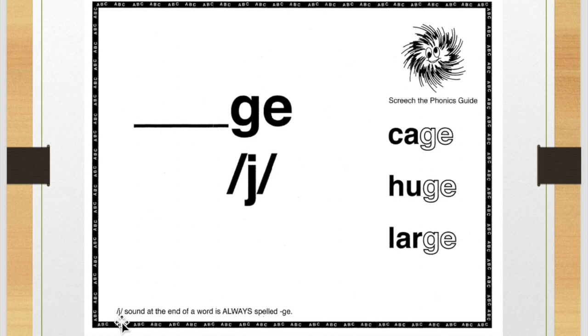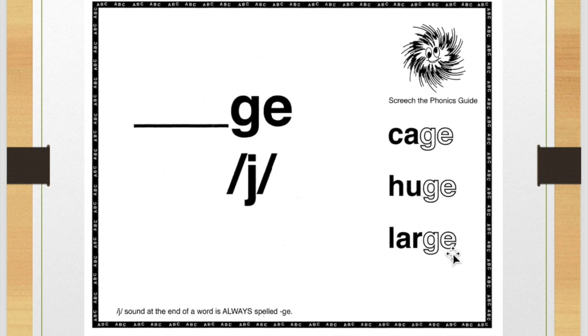And the J sound at the end of the word is always, always, always spelled G E. So when the word is like large, it's right here, large. So whenever you see a GE, know it's saying G's soft sound, which is J. Okay, so GE together at the end of the word, it always, always, always says J.